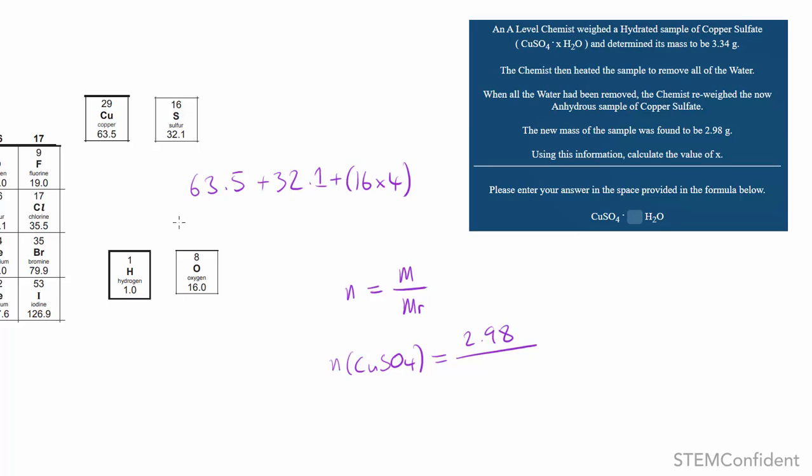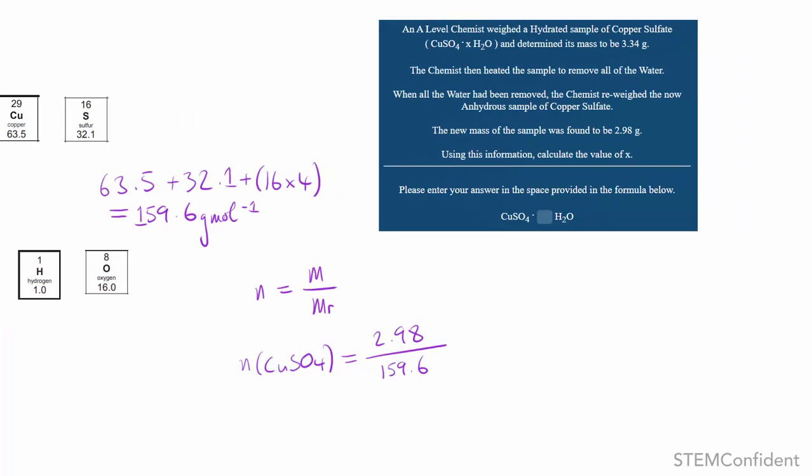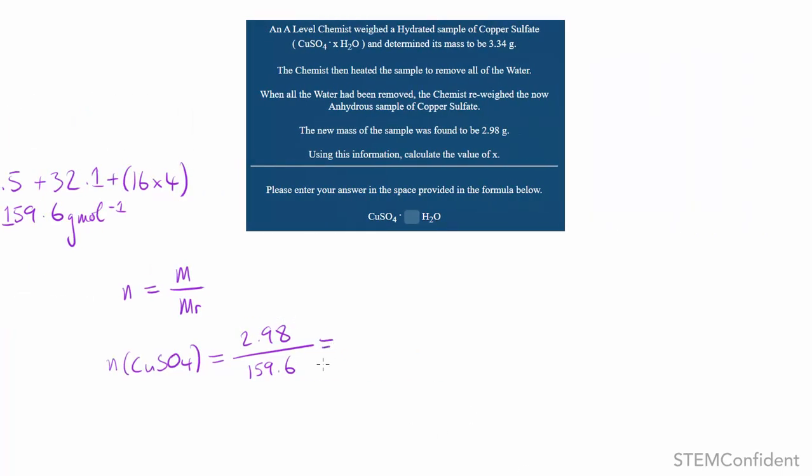That's going to give us the Mr of the CuSO₄, which is 159.6, in units of grams per mole. So we take the 159.6, and that's going to give us the number of moles of CuSO₄.